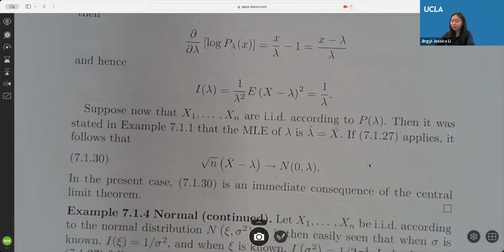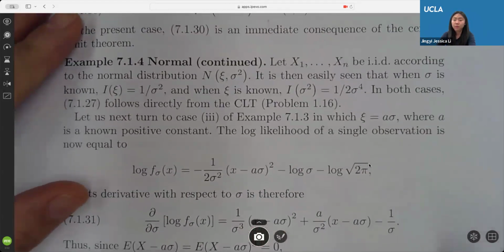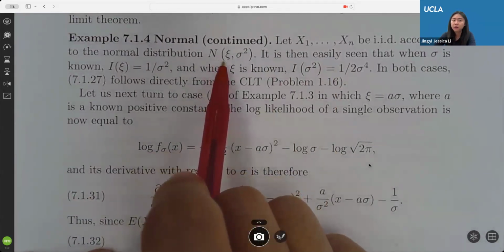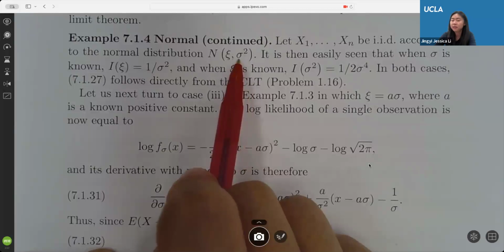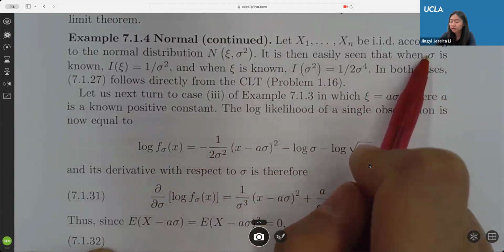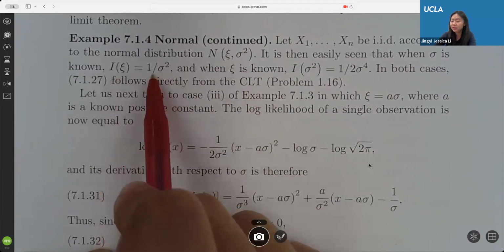Okay, how about normal? For the normal distribution, we look at both the mean and variance. We call the mean mu, and we call the variance sigma squared. We can consider easy cases: when fixing sigma, we have the Fisher information of the mean as this.